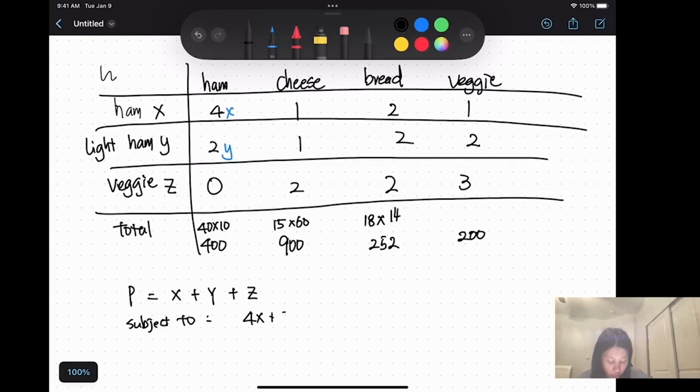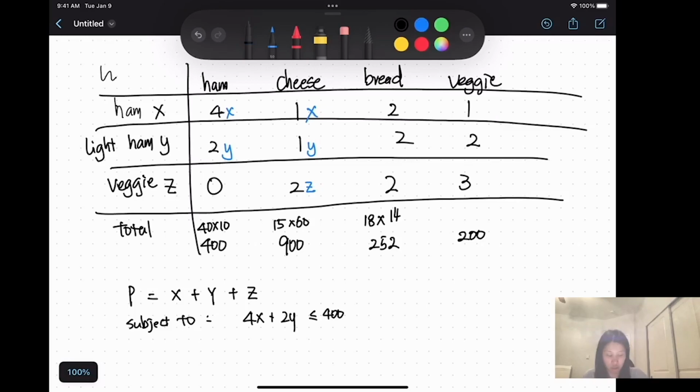So the total amount should be 4x plus 2y less than or equal to 400. Similarly, for the cheese, you totally use x amount of cheese for the ham sandwich, 1y amount for the light ham, and 2 times z slices of cheese.